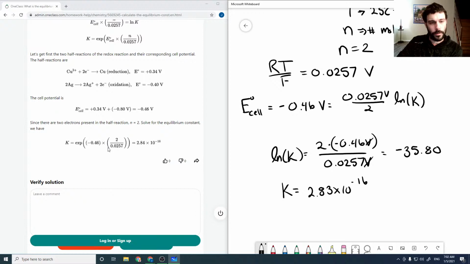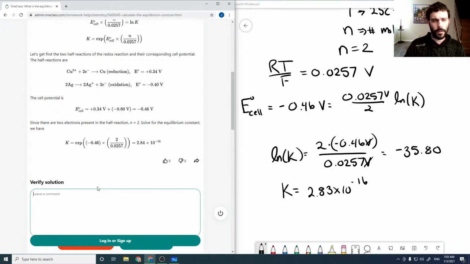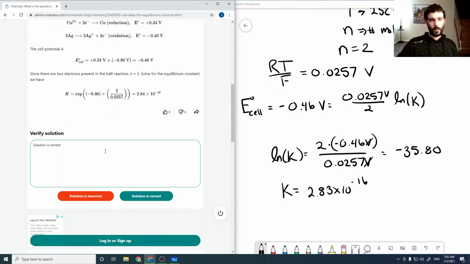There's 2 electrons, so N is 2. Then we can solve for our K, and they got 2.84, so pretty much the same, just a little bit of rounding differences. So it's okay, just a small error on your oxidation potential. Okay, so that looks good.